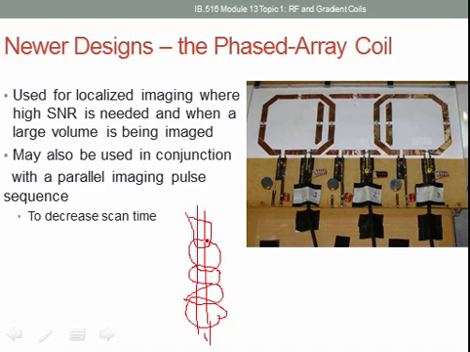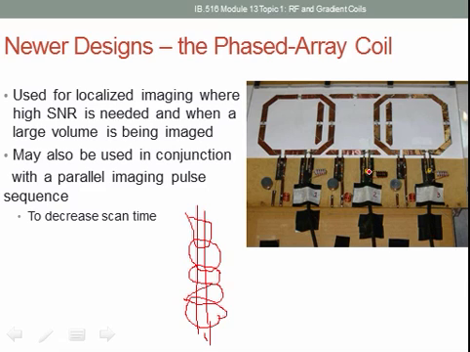Although the array coil is several coils, it really acts as only one coil. And this technology is much more complicated than the regular surface coil, as you can see just from this really simple image I'm showing over here, where you have 3 coils, and the circuitry is a little bit more complicated. We have a BNC cable, of course, going into each of them.